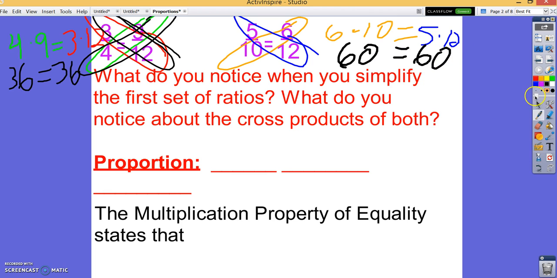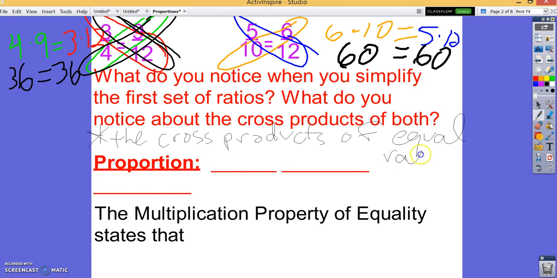So what we know is that if there are two ratios that are equal, their cross products are also going to be equal. So I want you to write that out on your paper. The cross products of equal ratios are equal to each other.